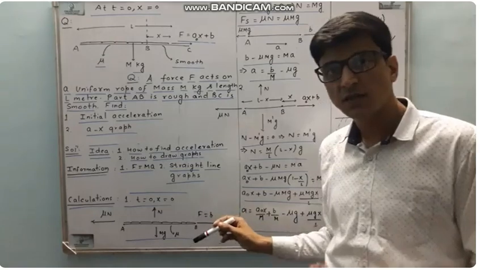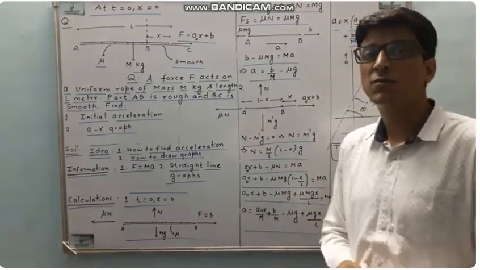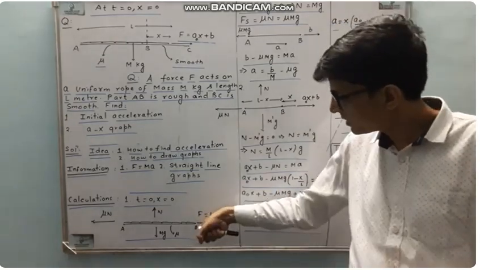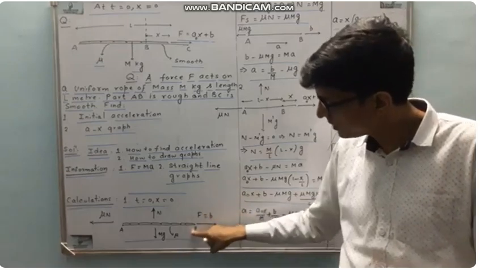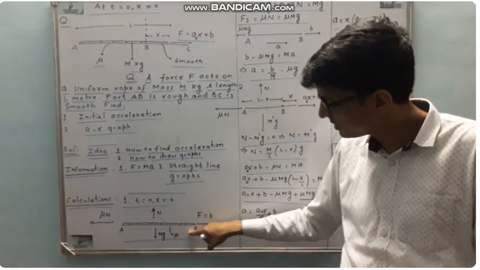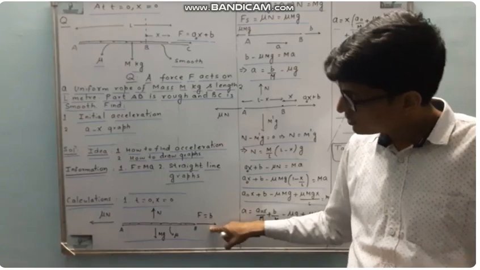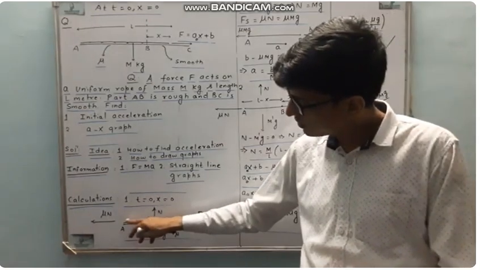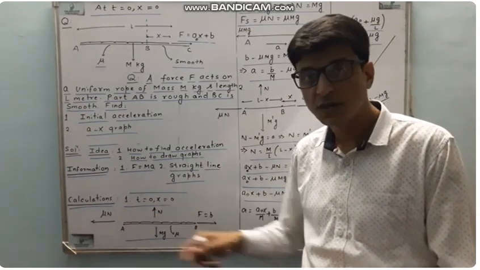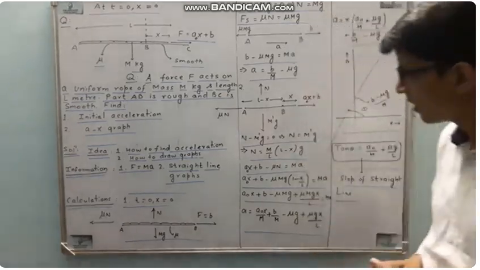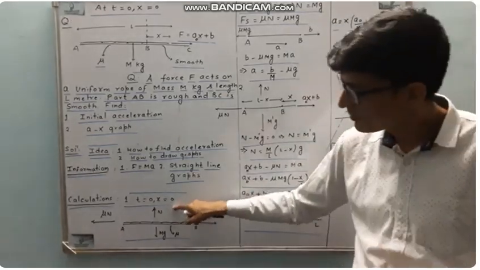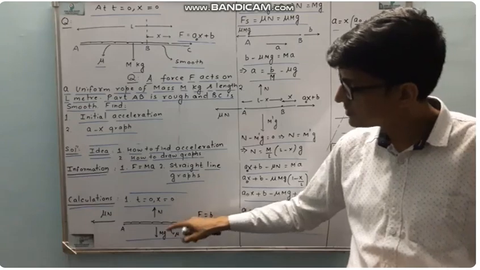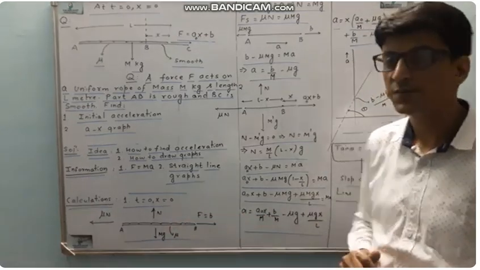I assume that the force is sufficient to make the rope move. So this force will try to make the rope move towards the right. So friction by the surface on the rope will act towards the left. The normal reaction will be vertically upward and the weight mg will be vertically downward.